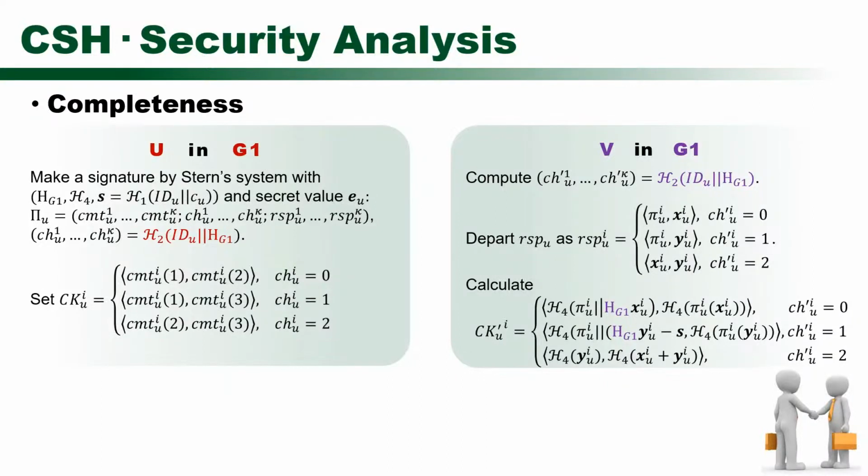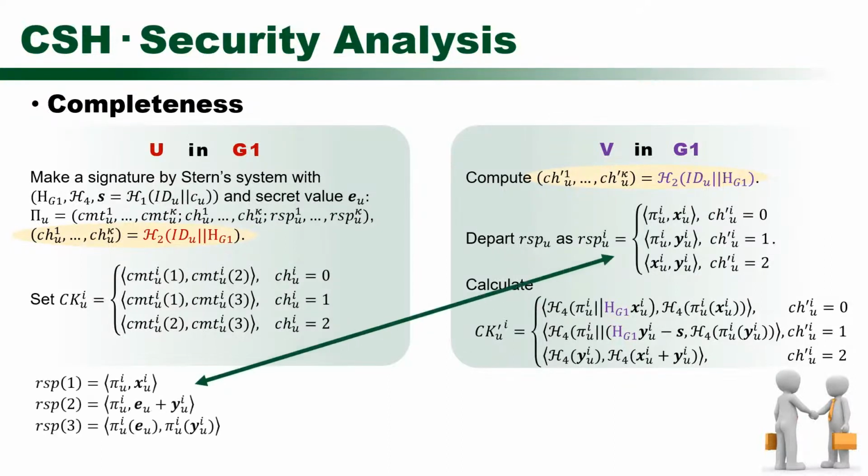With the same group public key, U and V will share the same challenge value, and then we can recover the response of U's stance signature correctly. Thus, the same CKU will be shared, and so will CKV. As a result, the completeness of CSH holds.